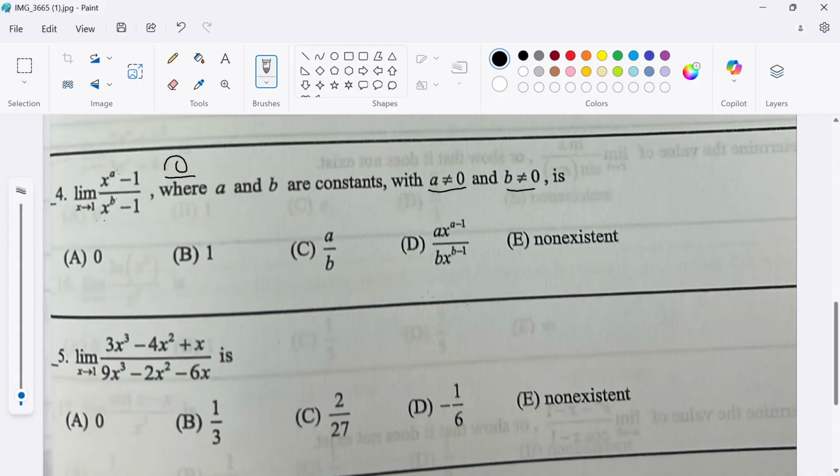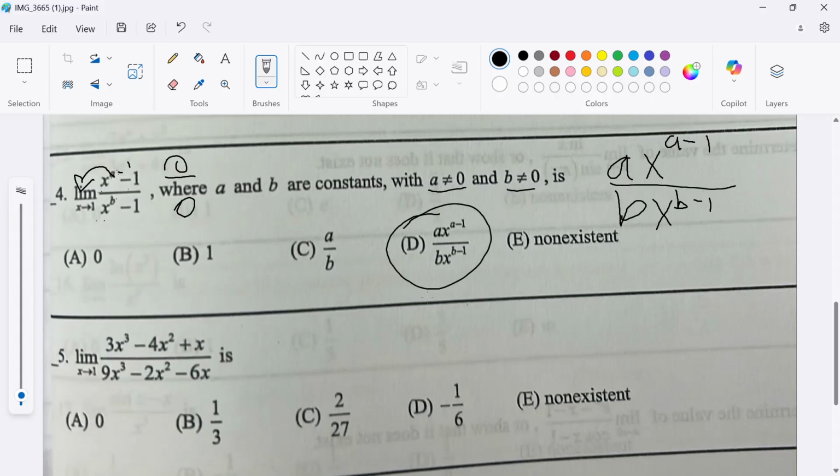But anyway, 1 to any power is 1, minus 1 is 0. Indeterminate form. So now I will take the derivative of the top, derivative of the bottom, and then reapply the limit. Derivative of x to the a minus 1 is a times x to the a minus 1. I multiply by the exponent and then subtract 1 from the exponent. And likewise, the derivative of x to the b is going to be b times x to the b minus 1.